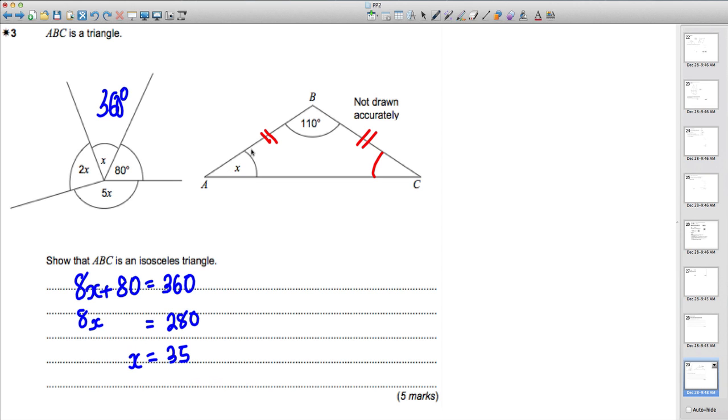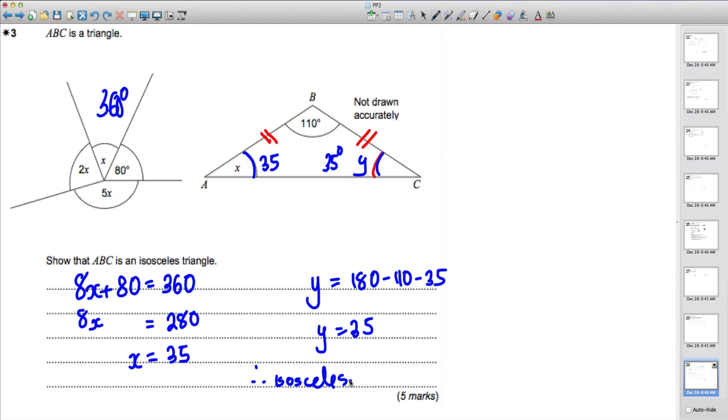So if this is 35 degrees, then this angle here, which I'm going to call y for now, I don't know it's the same, I've got to show it's the same. y is therefore 180, subtract 110, subtract 35, which is 35. So this angle here is 35 degrees, therefore isosceles. And then we're done.